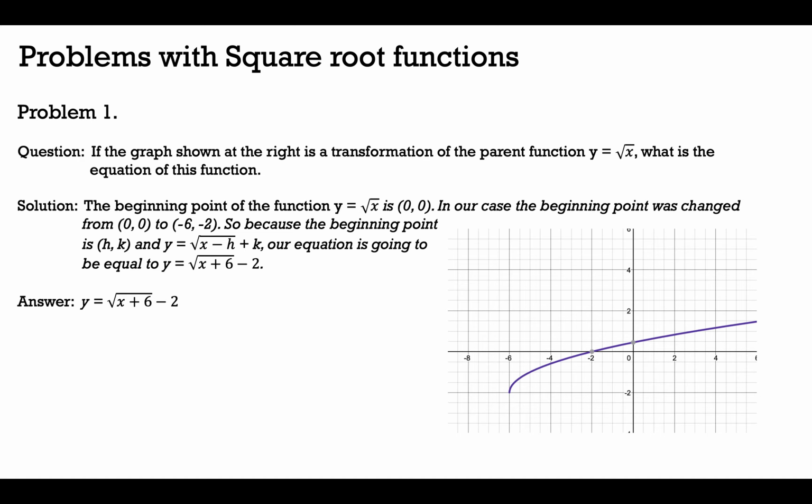So as you can see, the answer is basically y equals square root of x plus 6, minus 2. The questions after this are pretty much the same as the first problem.